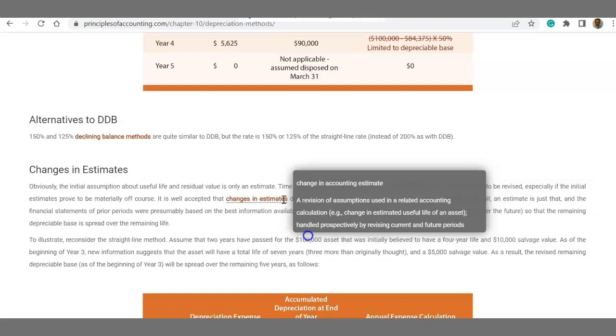So you go prospectively forward, you never go retrospectively backward to change anything you did previously. You just go forward, and based on the new calculation, you start doing that depreciation expense.